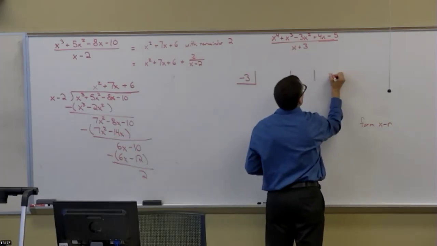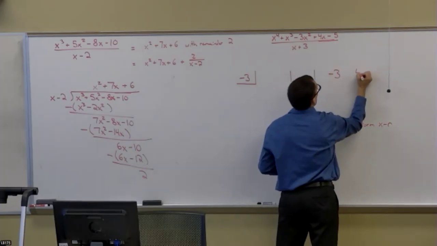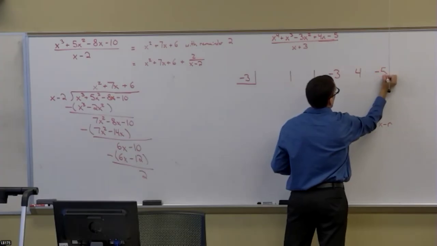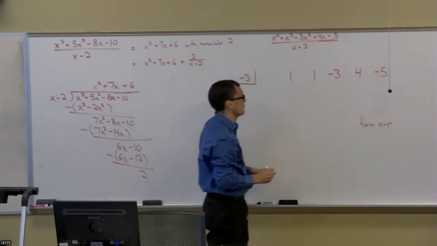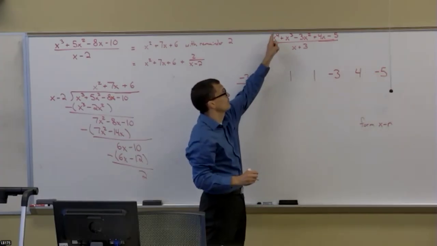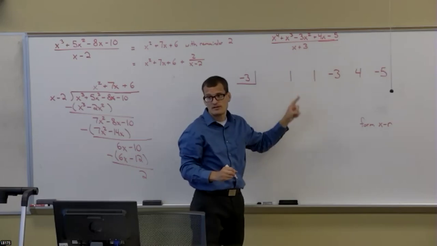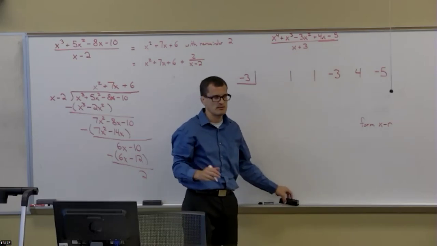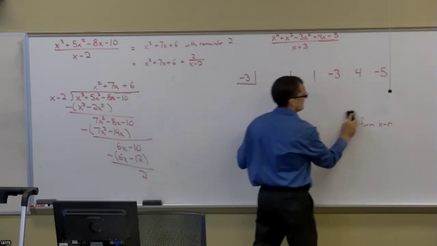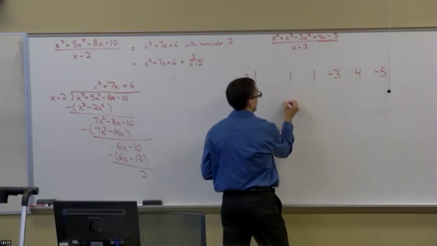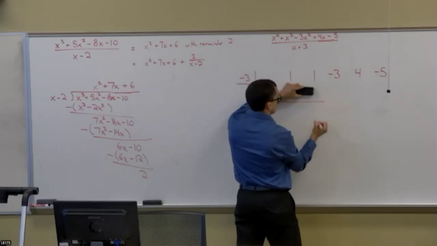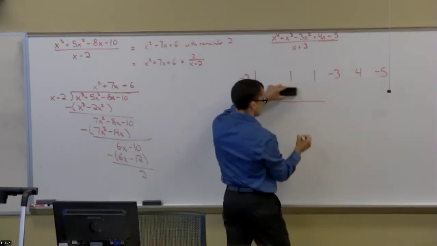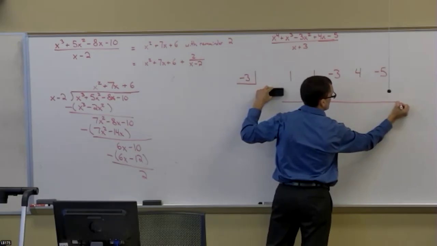Negative 3, 4, and negative 5. I need to make sure that they're in descending order. So I'm going x to the 4th, x to the 3rd, x squared, and then I don't miss any x to any powers. So they're all in descending order. And then I'm going to put a space right here, and then I put a line.